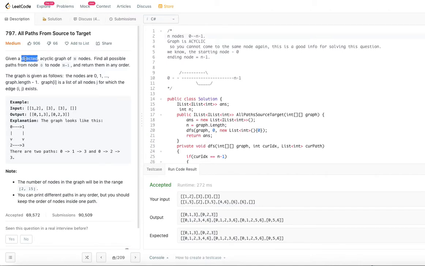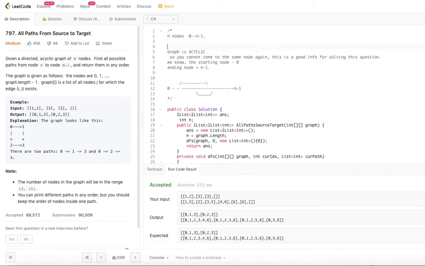So the graph is a directed graph. That means if there is an edge from i to j, there is only a path from i to j. There is no reverse path, j to i, as long as it is not mentioned. That is what directed means.